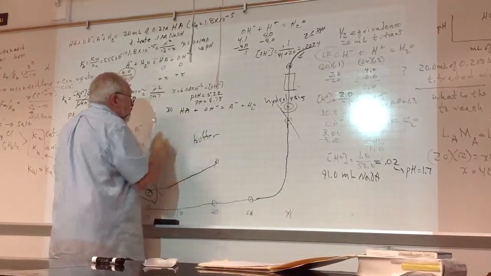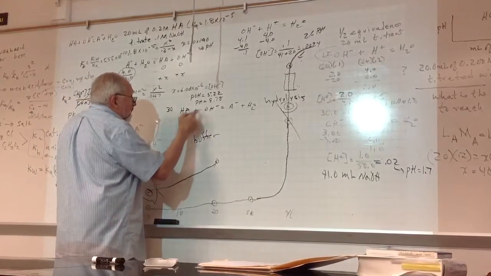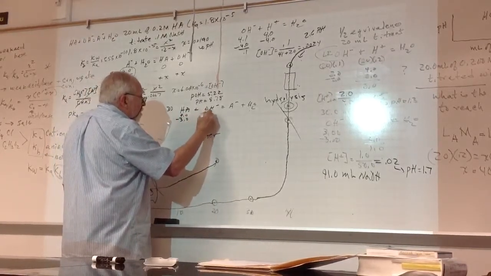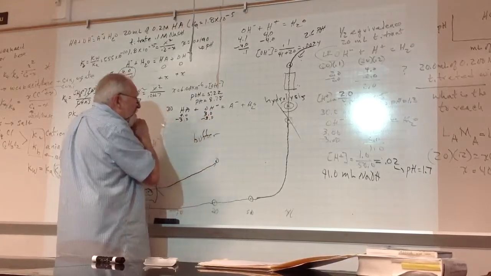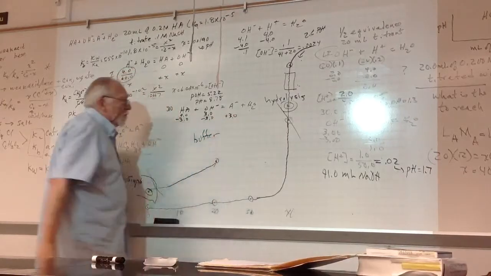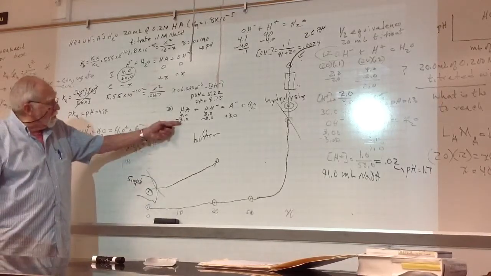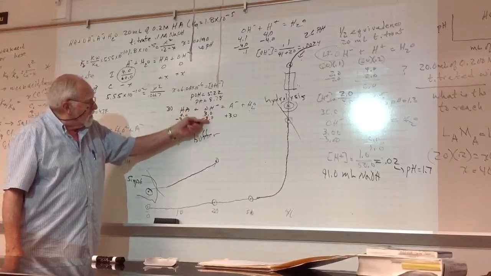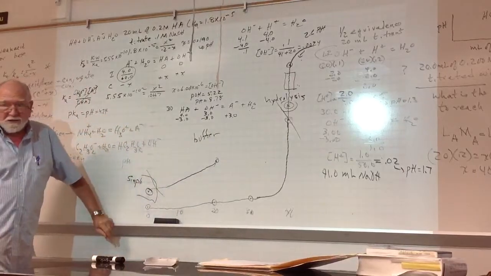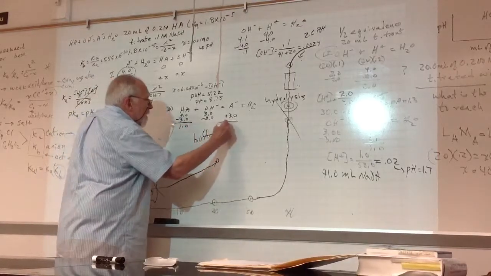So basically, we started off with 4, we added 30 times 0.1, and over here, we got 3 millimoles of the salt. In other words, we used up 3 millimoles of the acid, we used up 3 millimoles of the hydroxide, which is the limiting reagent, and we produced 3 millimoles of the salt. So at equilibrium, 1 millimole, 3 millimoles.